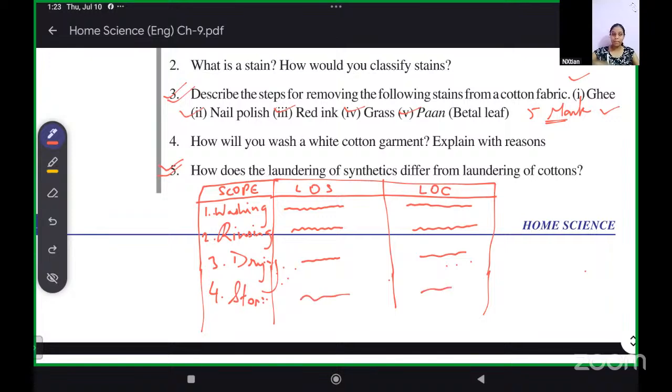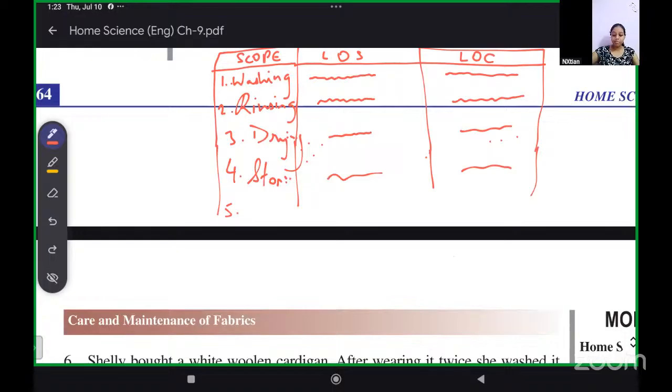Then put five and write precautions. You can write them as bullets: one or two precautions taken while washing synthetics, one or two precautions taken while washing cottons.